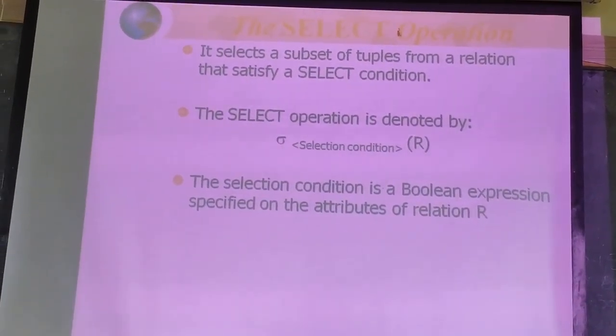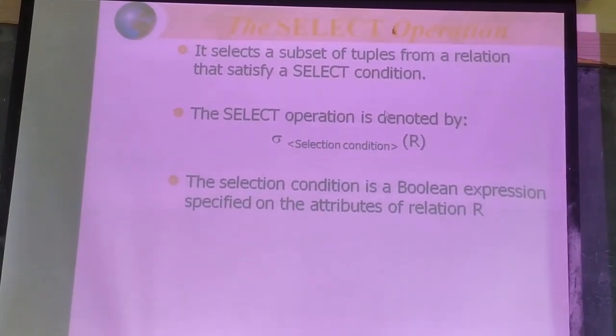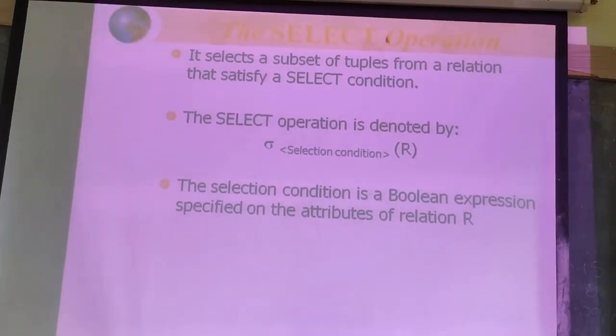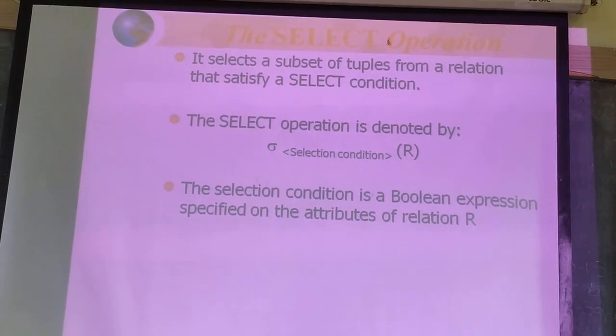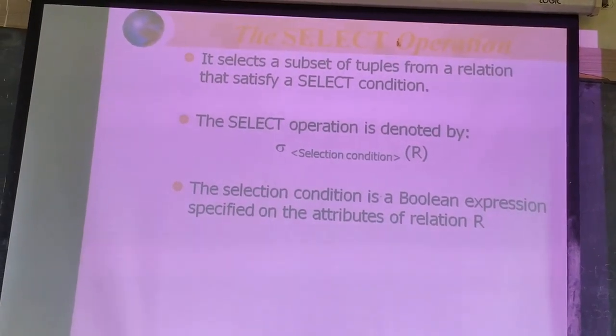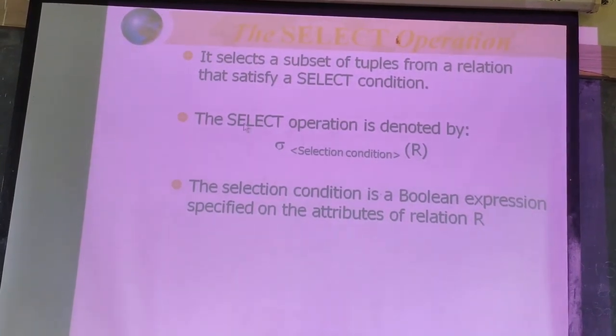Each row represents one particular record. Out of those records, if you want to select only a few based upon some particular condition, selecting only the rows or tuples, then you can apply the select operation.